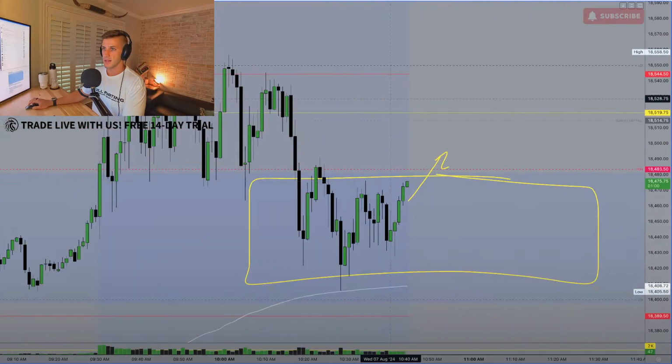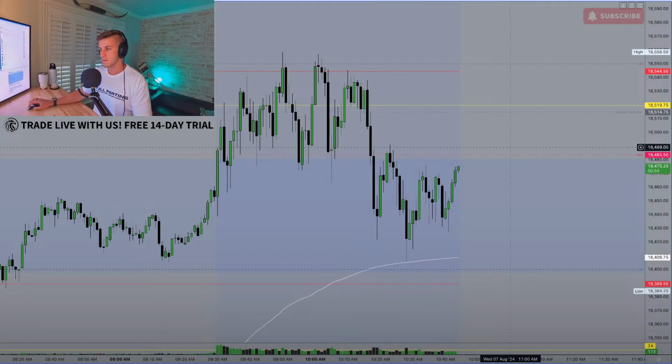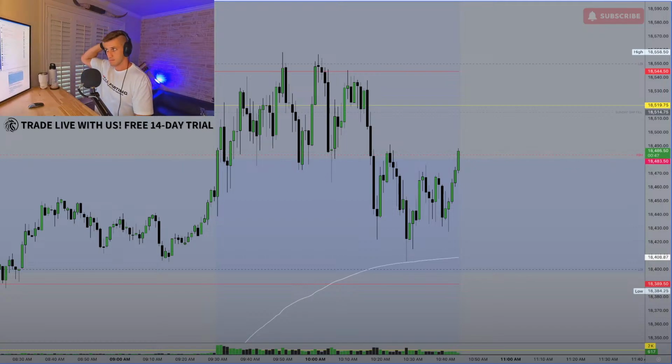So monitoring that as well. There it is. There's prior day high. So break above and retest would be significant.